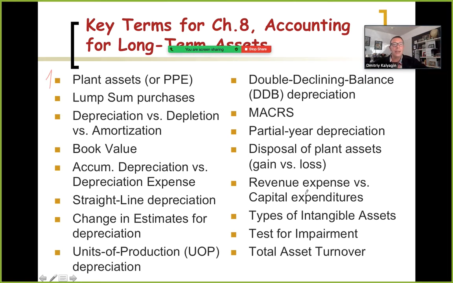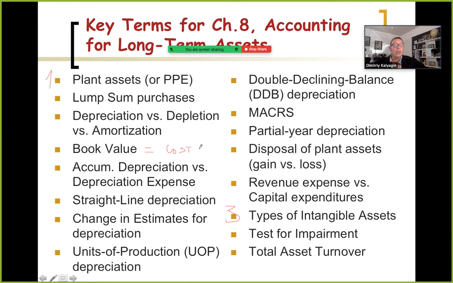And then, guys, the third group was intangible assets: natural resources and intangible assets. Now, under plant assets, we talked about lump sum purchases, differences between depreciation versus depletion versus amortization. What is the formula for book value, which is cost minus the accumulated depreciation.